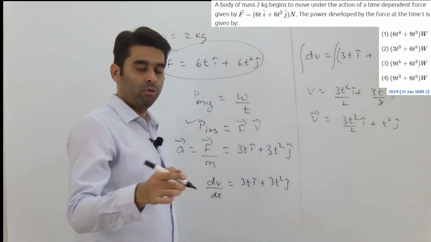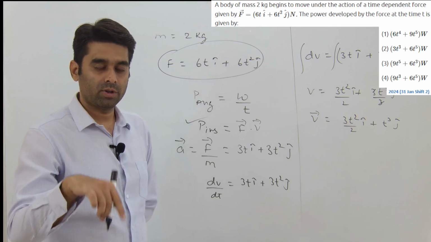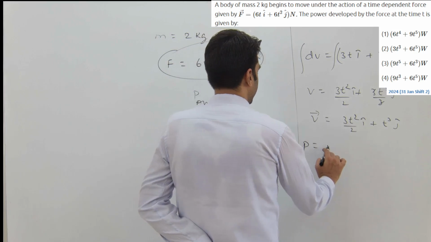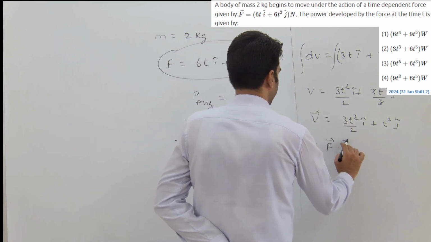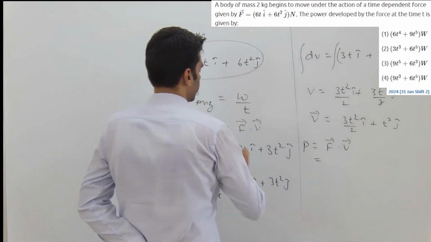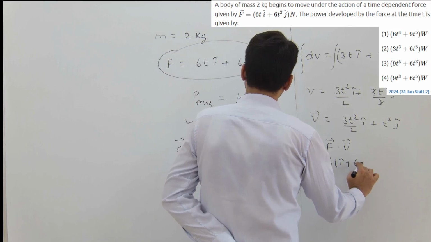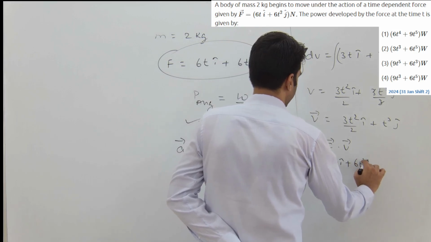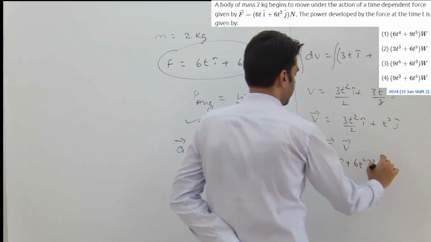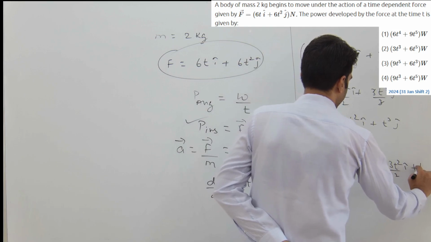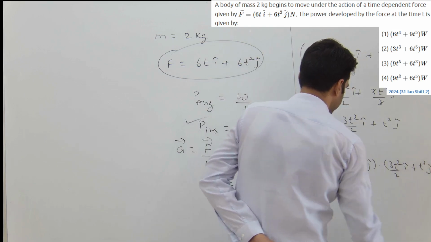We have got force as a function of t, we have got velocity as a function of t. Let us find power, F vector dot V vector. Force is 6t i cap plus 6t square j cap, dot velocity 3t square by 2 i cap plus t cube j cap, right?